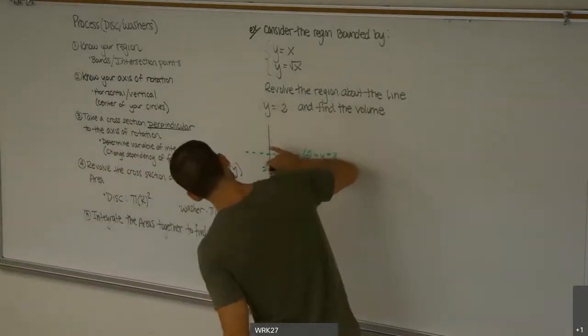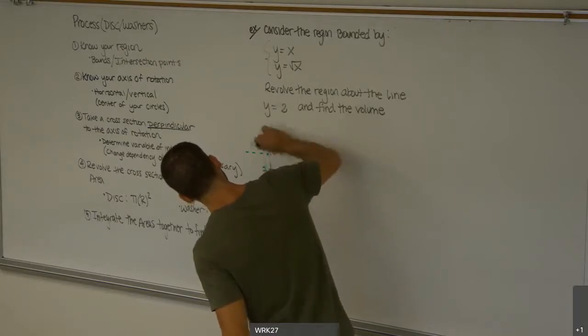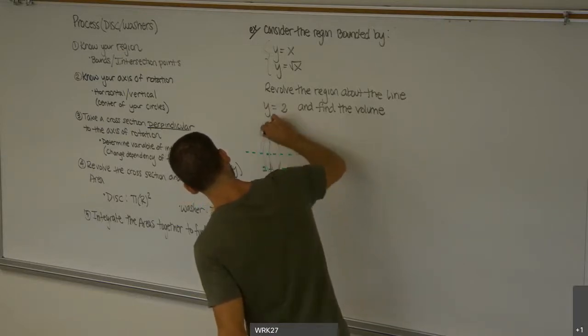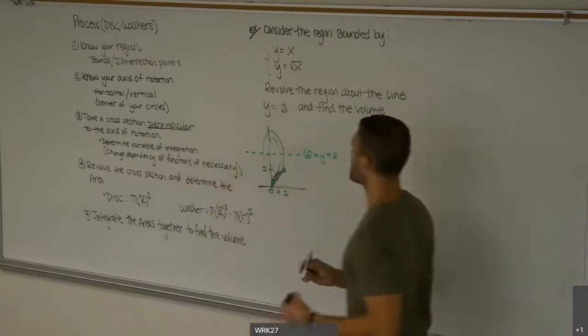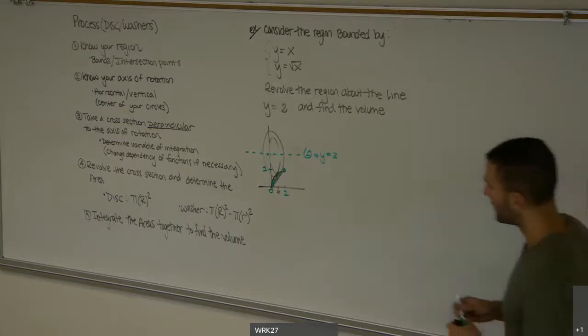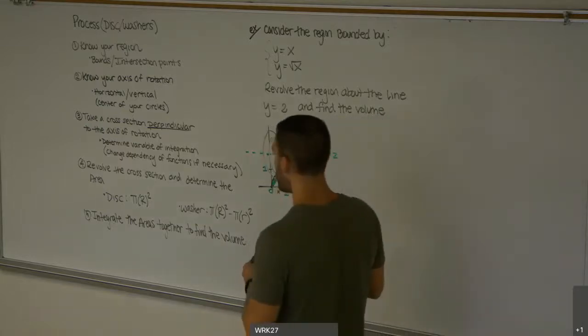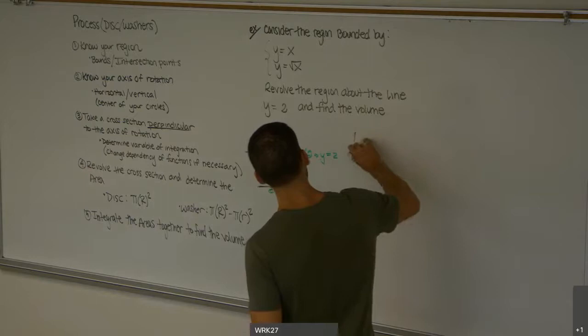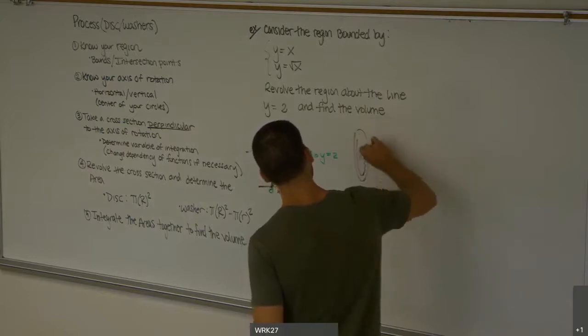When I revolve this small cross-section, I get a very thin washer, a circle with a circle removed. And now that I know what type of shape I get, I will find the area of that really thin washer.